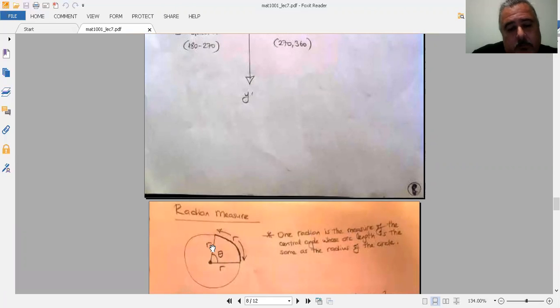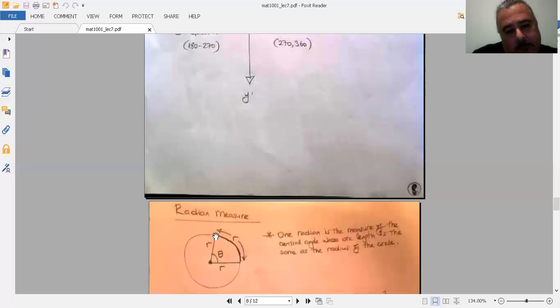When you make this kind of pie, each line drawn from the center of the circle to the edge of the circle is a radius, r.